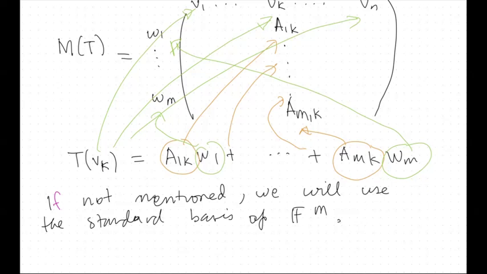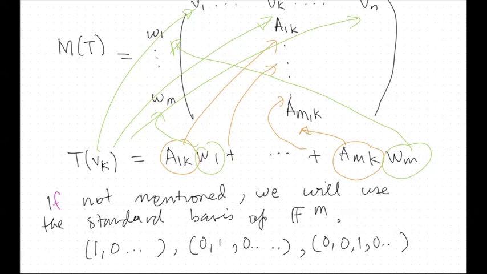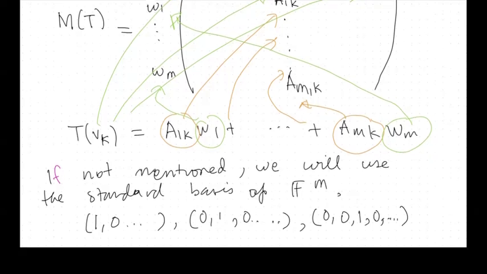So what's the standard basis? This is just 1 and then 0 all else, and then 0, 1, 0 all else, and then 0, 0, 1, and then 0 all else. We call this the definition of standard basis.